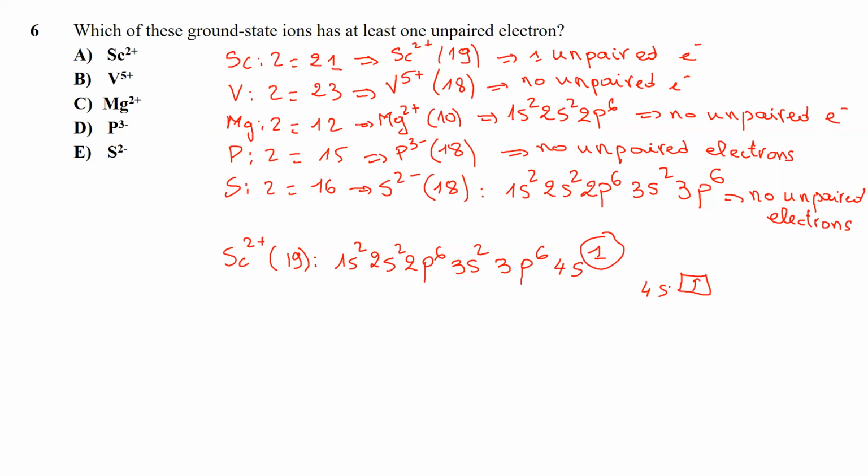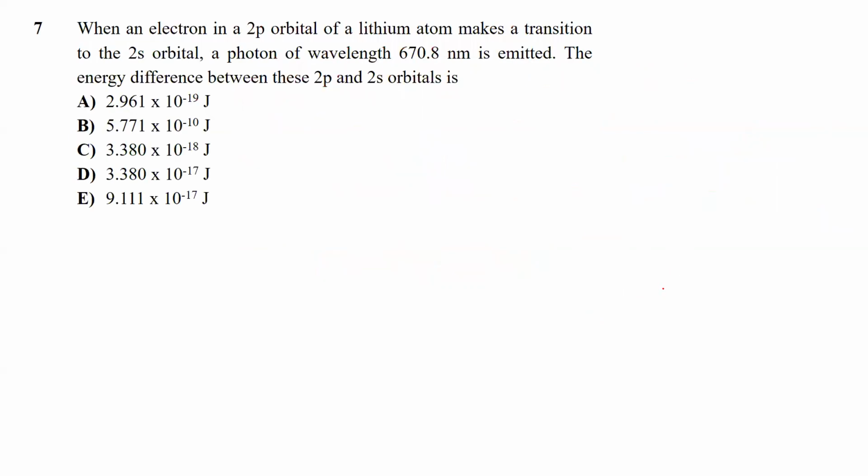Okay. So let's move to problem number 7. When an electron in a 2p orbital of lithium atom makes a transition to the 2s orbital, so I have a 2p orbital, an electron that is making a transition to a 2s orbital, a photon of wavelength 670.8 nanometer is emitted. I need to calculate the energy difference between 2s and 2p orbital.